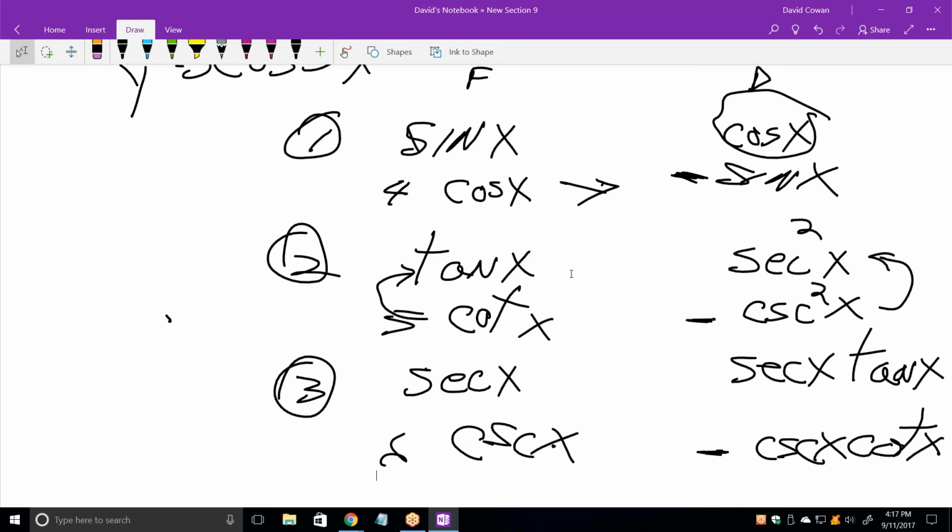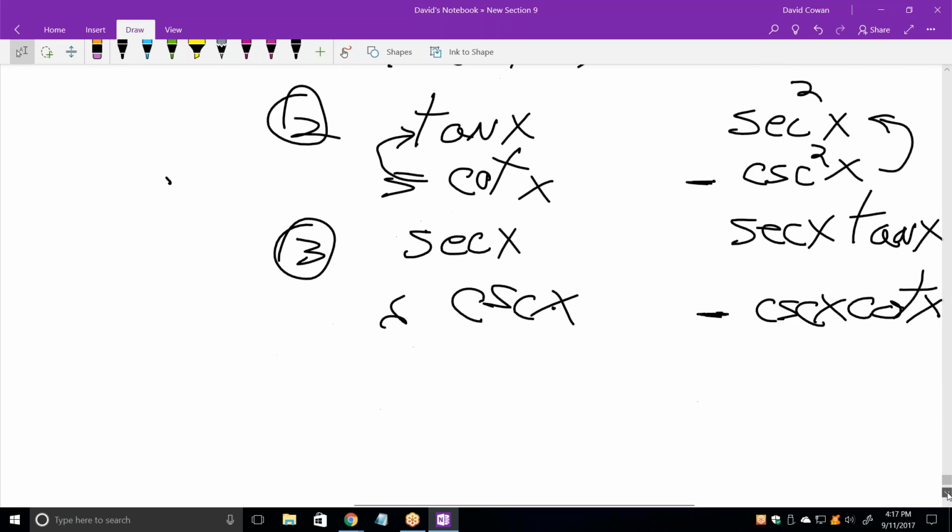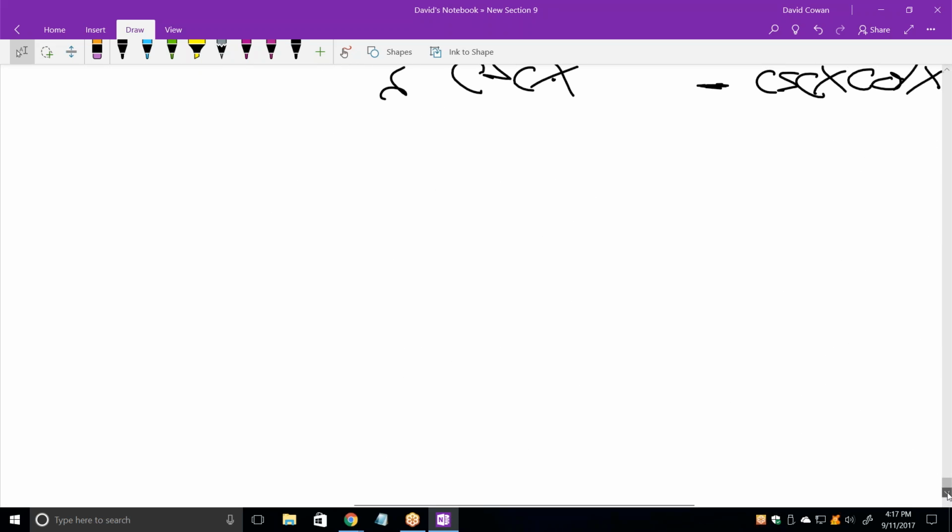And then secant is also a little unusual. The derivative of secant is secant times tangent. Okay. Let me go to a new page. And you got to memorize these because I can see on your paperwork that they do expect you to know trig functions.